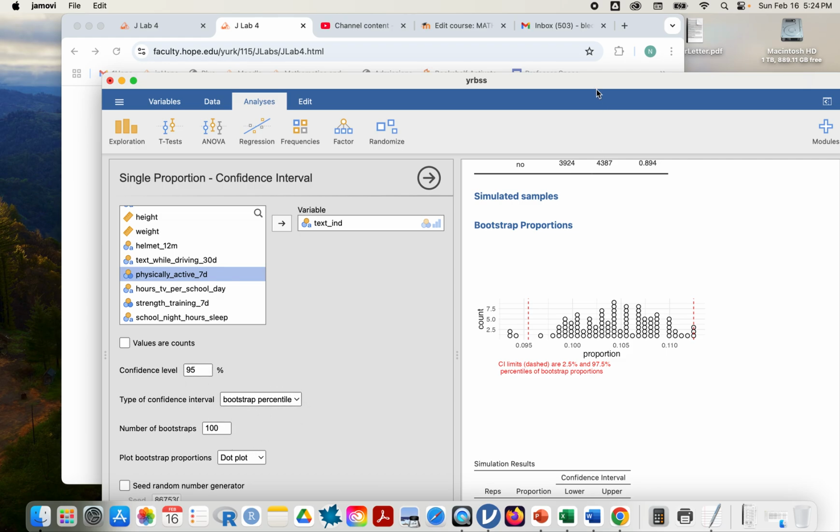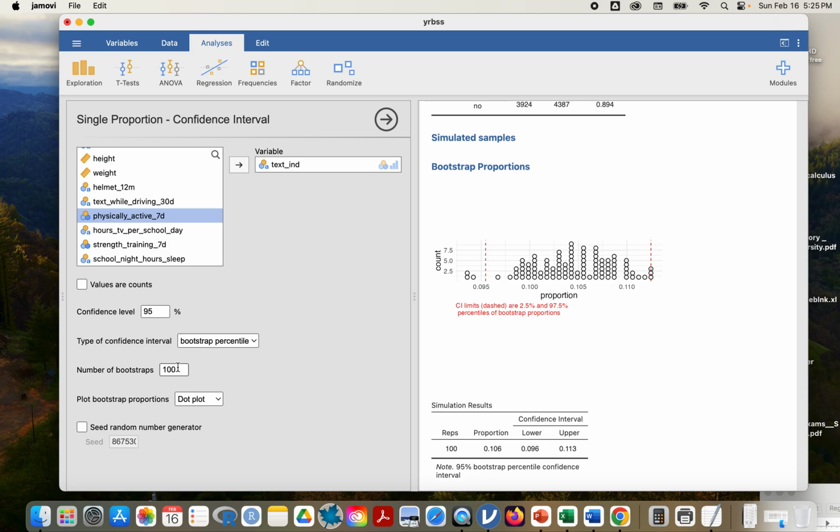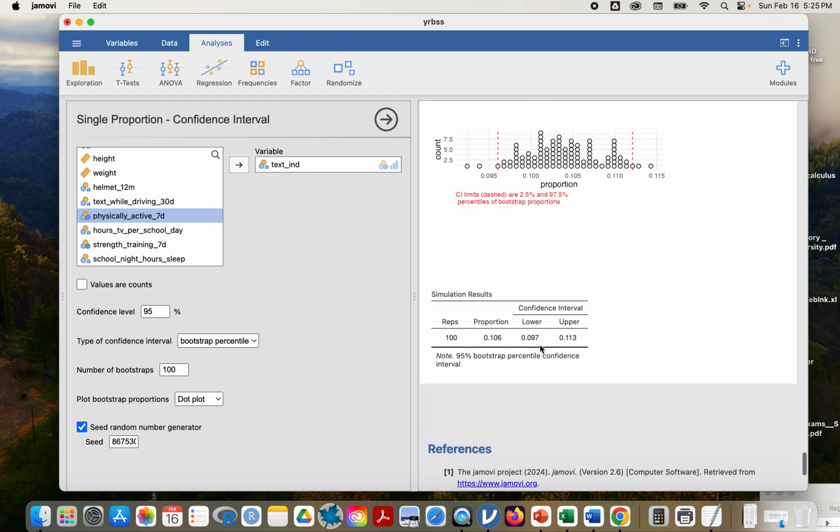We've got 100 observations in there, and each one of those observations has 4,387 draws. If we click the seed random, what we're going to get is that our lower end of the confidence interval is 0.097, so that's the 2.5th percentile, and then the 97.5th percentile is at 0.113.